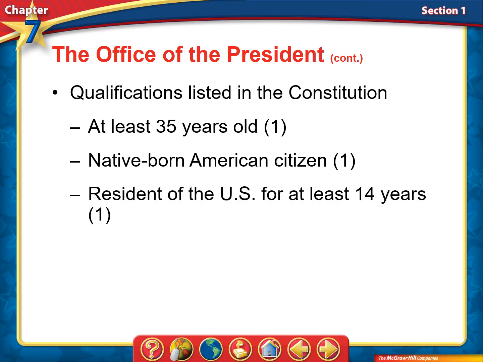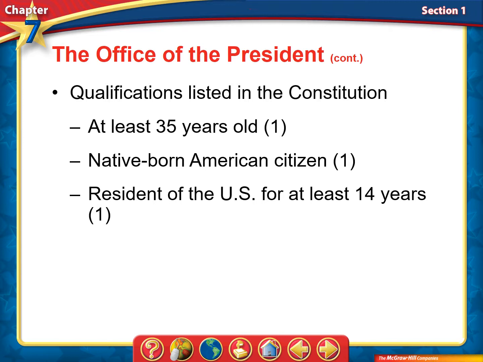But you must be a resident of the United States for at least 14 years. So we do have many American citizens who live abroad, who are non-resident citizens of the United States. I've wondered about retiring in another country because, as I've gotten to travel, I've seen, hey, this is not the only great place to live.